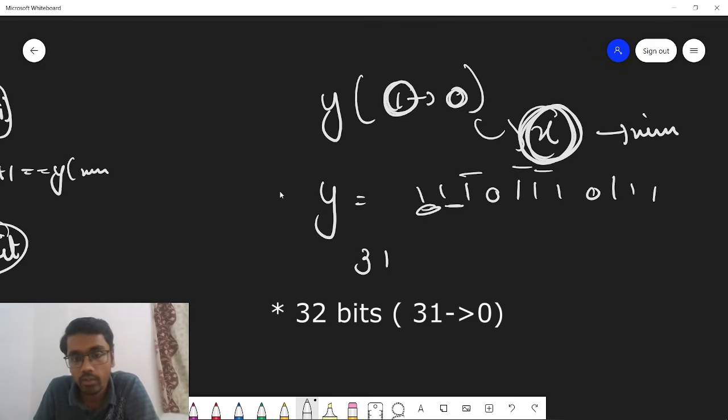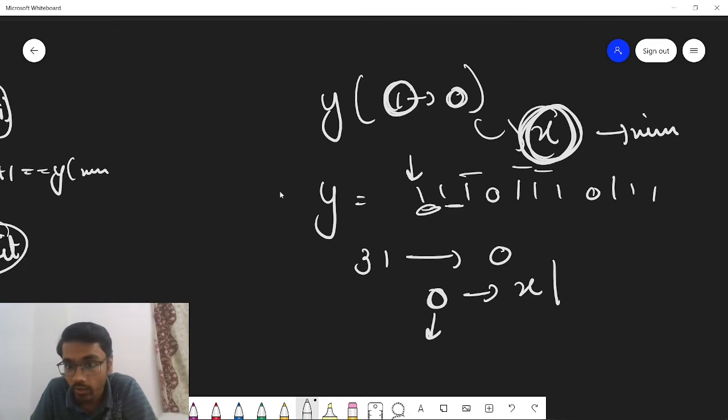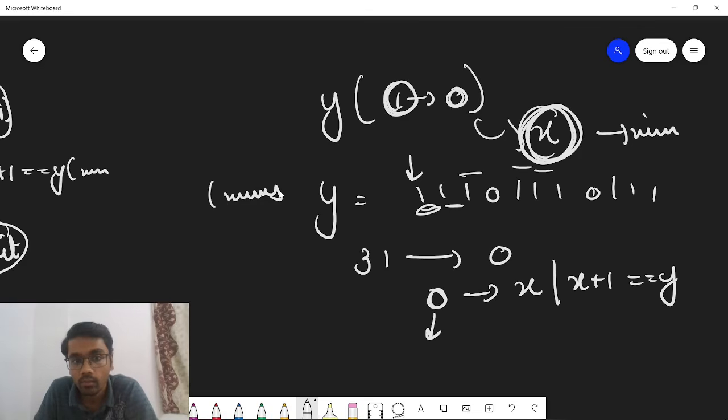There can be at most 31 bits. So we can iterate from 31 down to 0, and for each set bit we try to make it 0 and get some value x. Then we check whether this x OR x plus 1 is equal to y, which is nums of i.